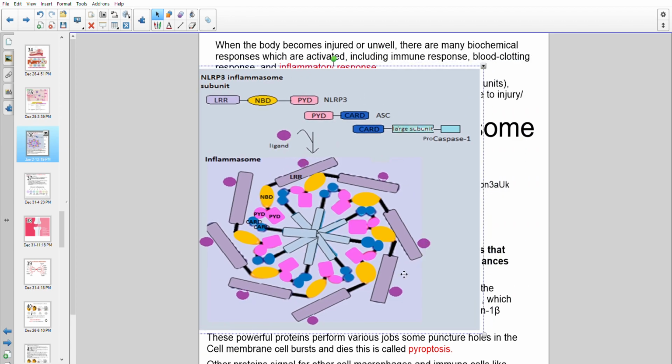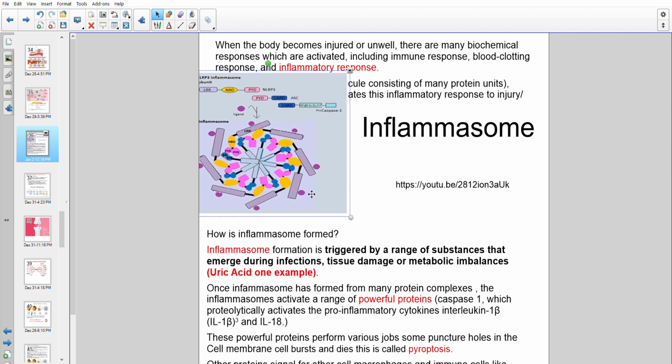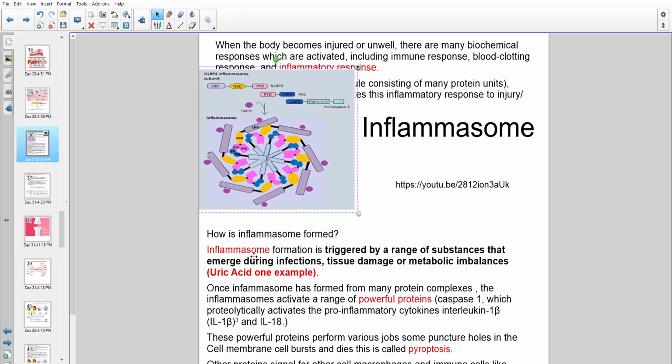We talked about a range of substances that stimulate inflammation through the inflammasomes, like infections, tissue damage, and metabolic imbalances like uric acid, etc.